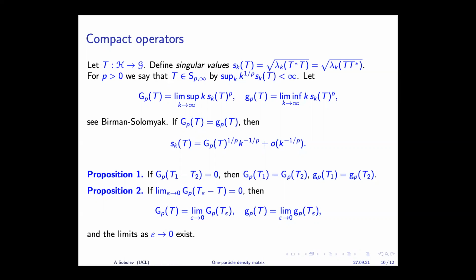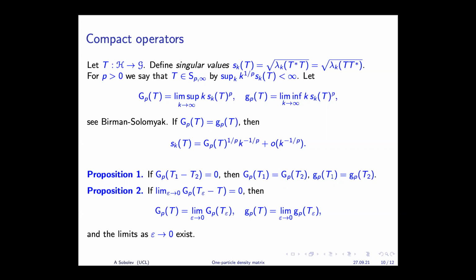This is the page about compact operators with power-like decay of singular values. This is a very useful set of notations, first of all, and then there are two results here that play a pivotal role in the proof. Let me just go quickly through that.